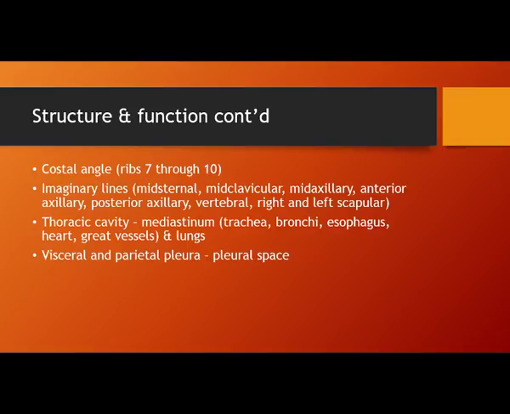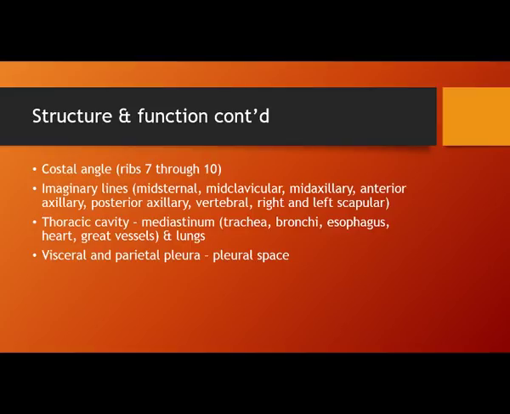So then the thoracic cavity contains the mediastinum and the lungs, and the mediastinum contains the trachea, bronchi, esophagus, heart, and great vessels.